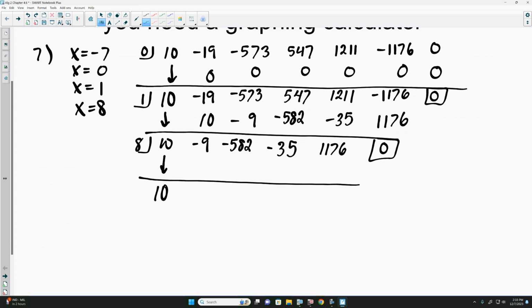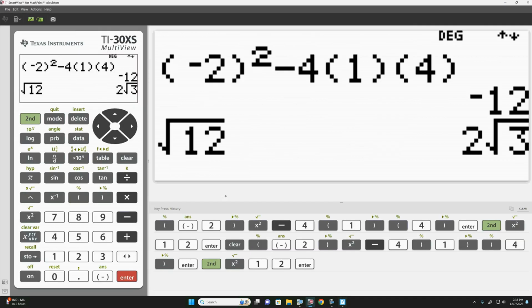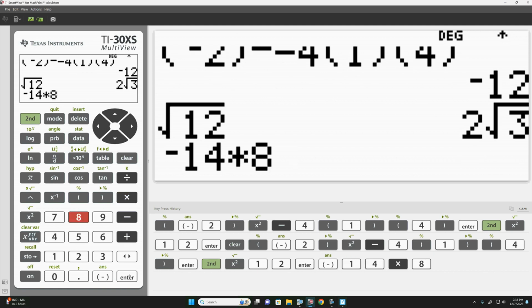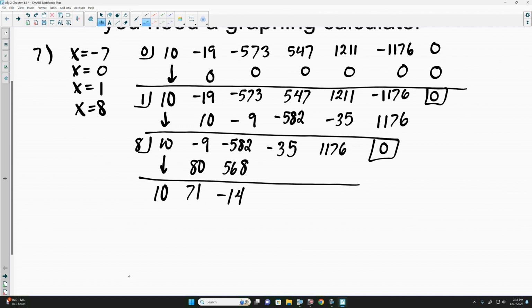So 8 times 10 is 80. -9 plus 80 is 71. 8 times 71 is 568. -582 plus 568 should be -14. -14 times 8 is -112. -35 plus -112 is -147.